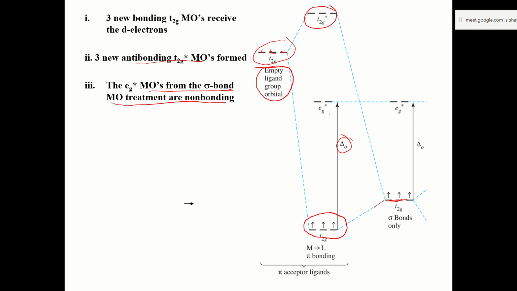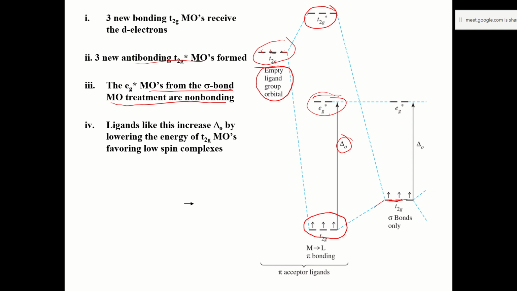So this Eg star is here, and from sigma bonds only this was the situation, and now with pi acceptor ligands this is how the energy is raised, because now you have orbitals of T2G symmetry or empty ligand group orbitals with which such bonds can be formed.